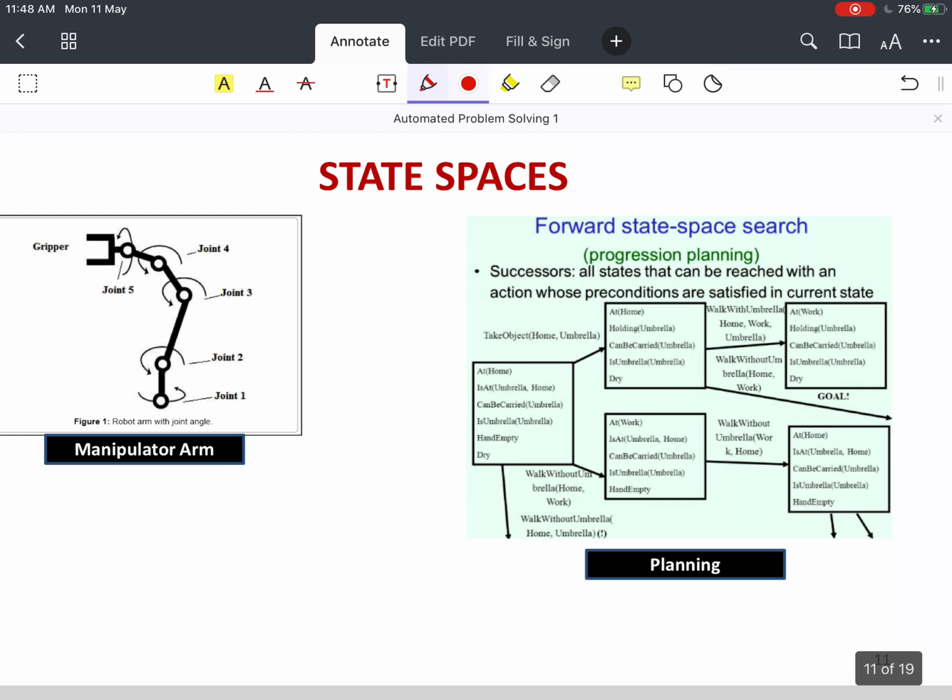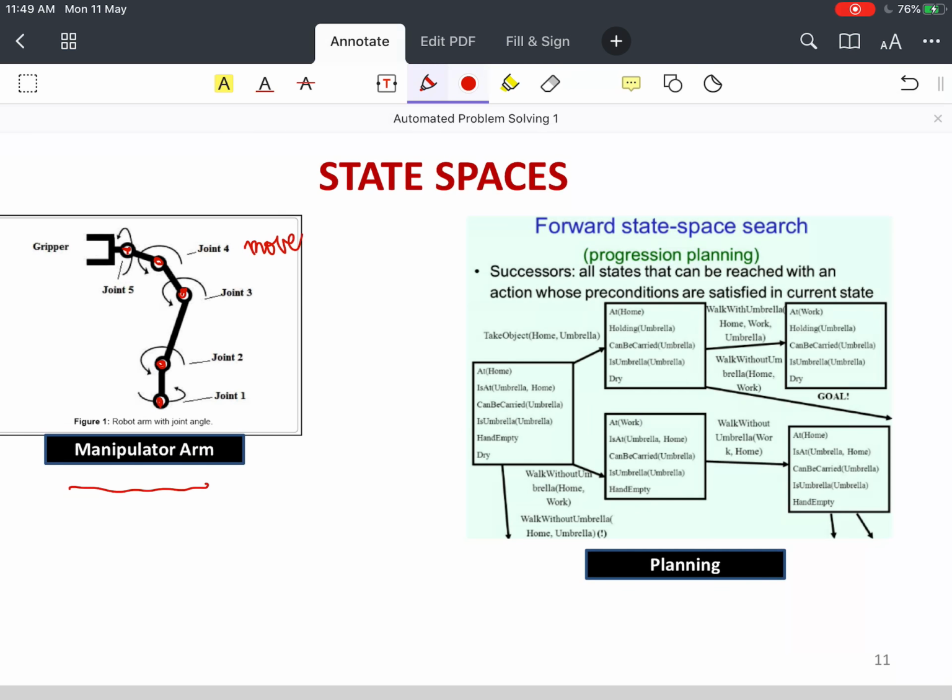Let us look at a manipulator arm. We had earlier seen the robotic arm problem. And if we drill down in more detail into the robotic arm problem, we will see that the robotic arm has these 5 joints, as we can see here. And in each of these 5 joints, there are certain moves possible.